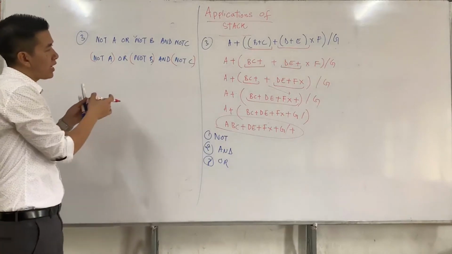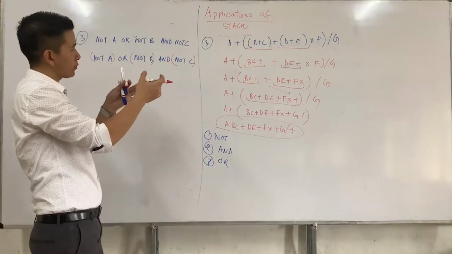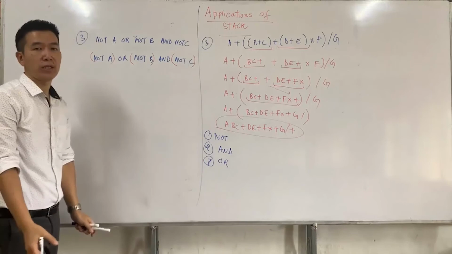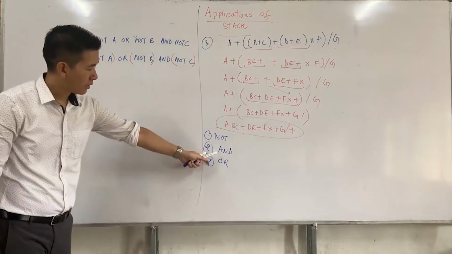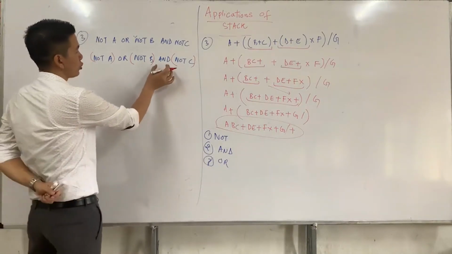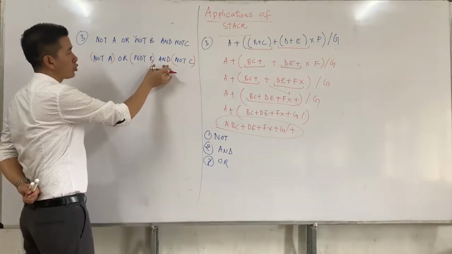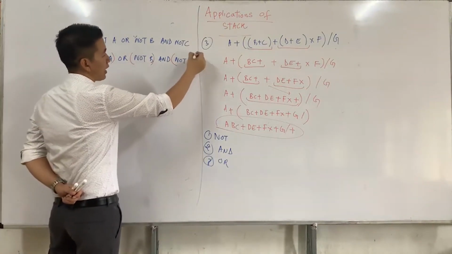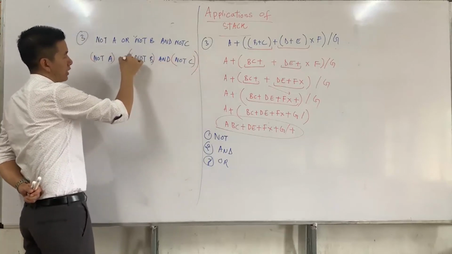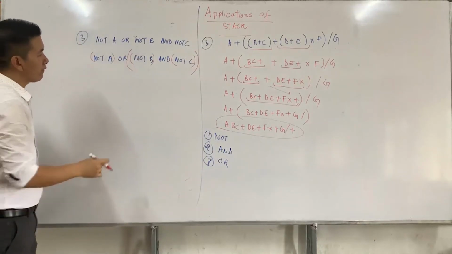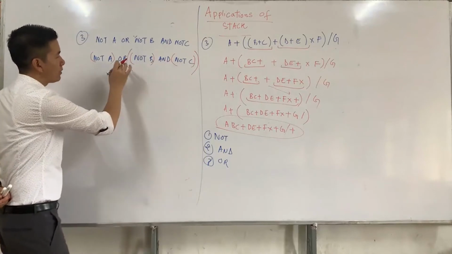And then once I took care of the not operator, the next in line is and. So I now need to apply the and operation between not B and not C. Hence I'll put one braces like this. Okay? And finally, when I'm done with and, I'm left with or.